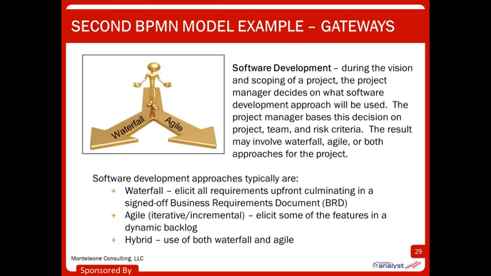All right. In our example here, this second example has to do with gateways. If you are a project manager, you know that there are certain decisions that you need to make on a project. And there are various different choices that you can make on how, let's say, development is pursued.